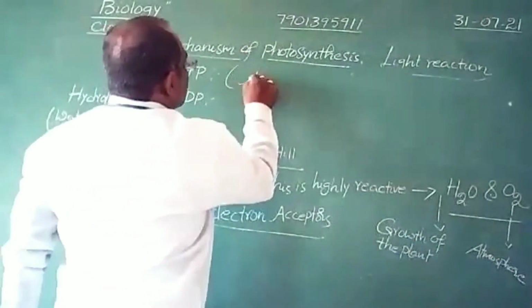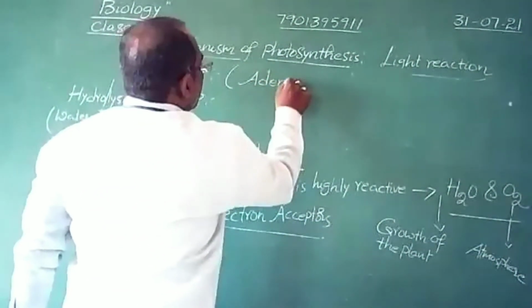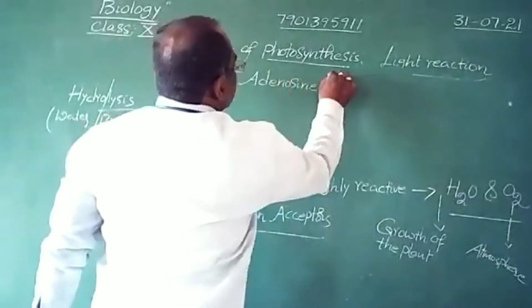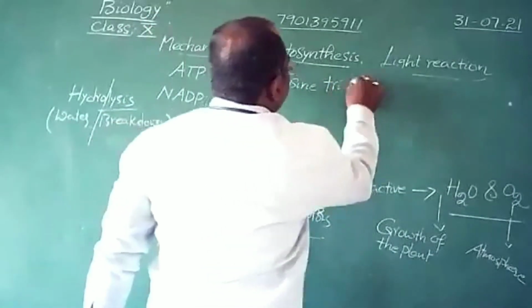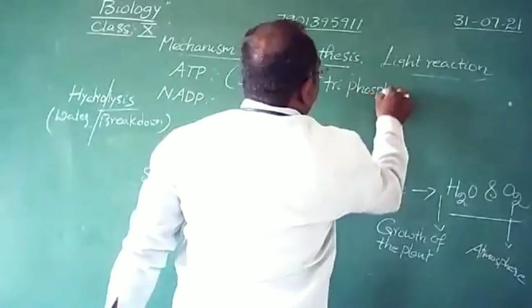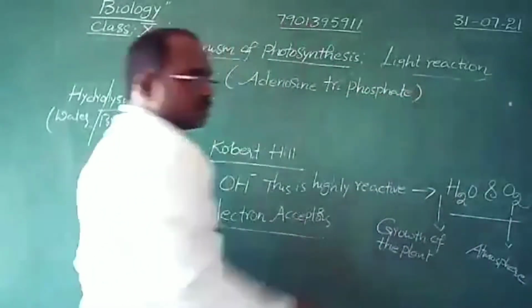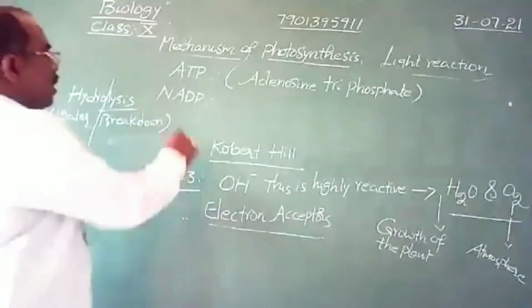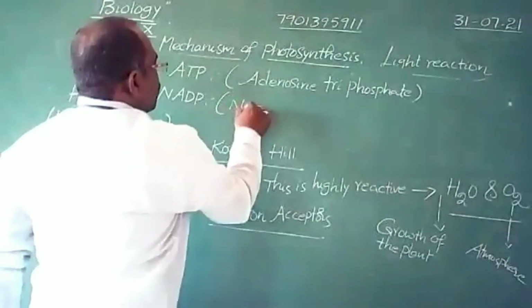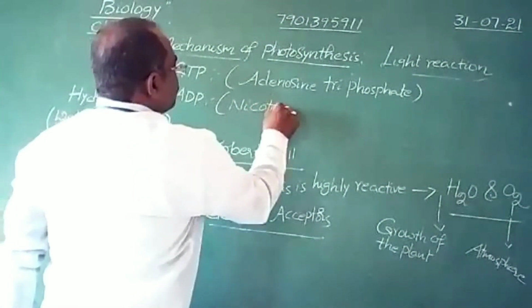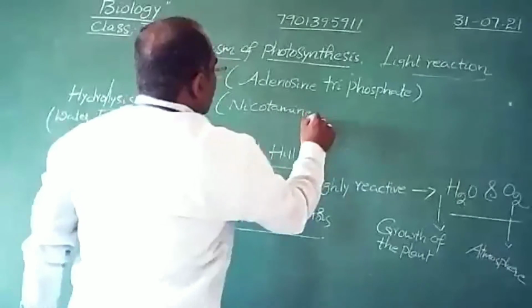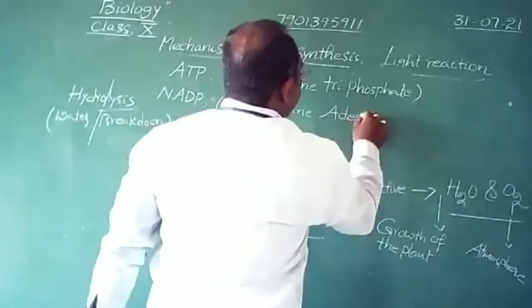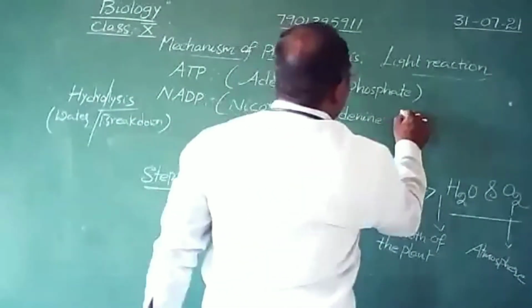ATP means adenosine triphosphate. NADP means nicotinamide adenine diphosphate.